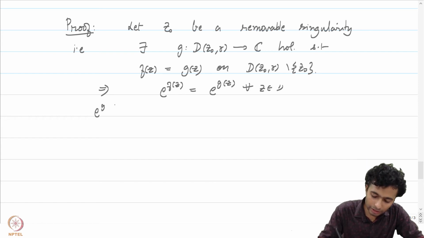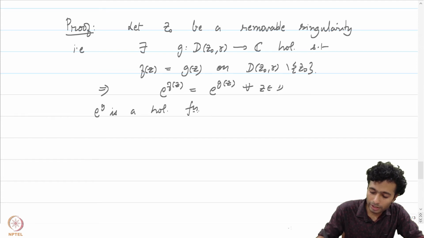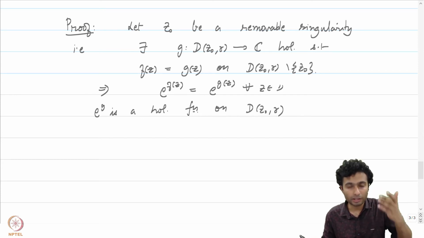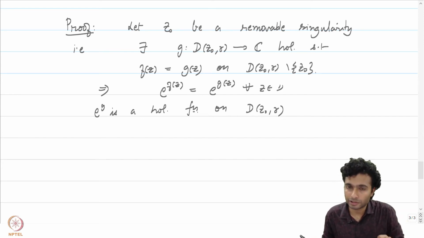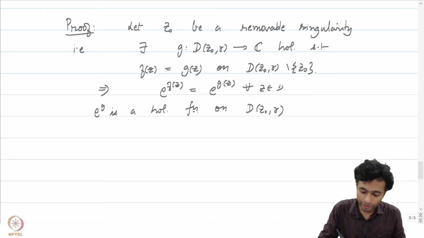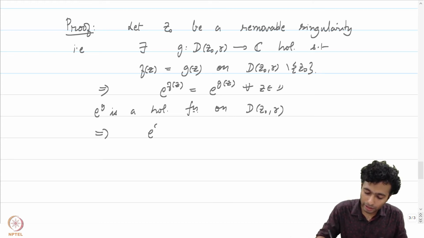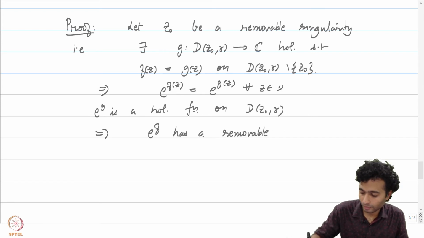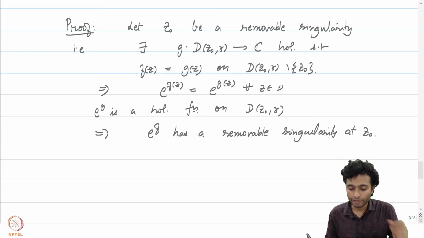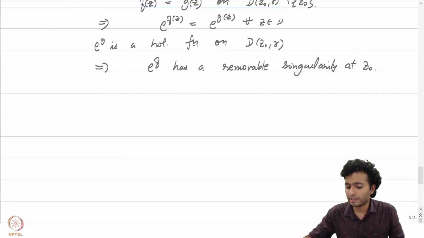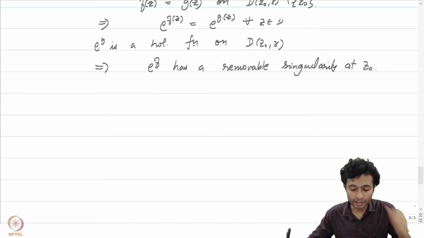But then e to the power g(z) is a holomorphic function on D(z0, r), because the exponential is an entire function and g is defined on D(z0, r), which means that e to the power f has a removable singularity at z0. So if z0 is a removable singularity of f, then z0 is necessarily a removable singularity of e to the power f as well.